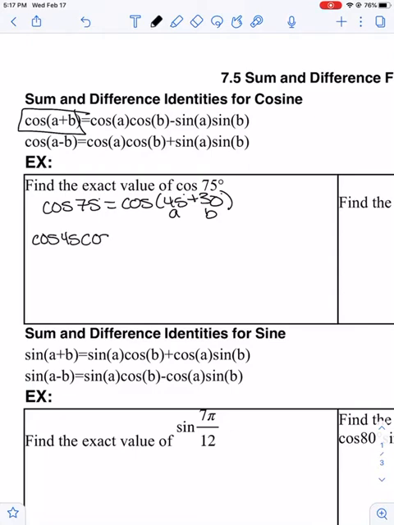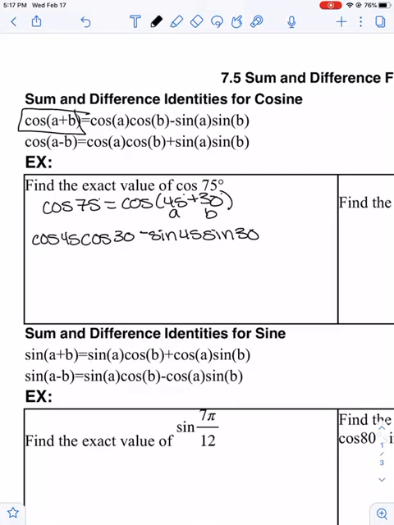So the cosine of A, 45, times the cosine of B, which is 30, minus the sine of A, which is 45, sine of B, which is 30. Now I'm going to figure out what those values are.